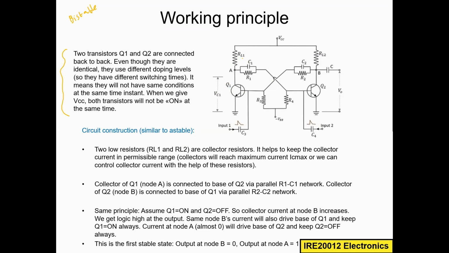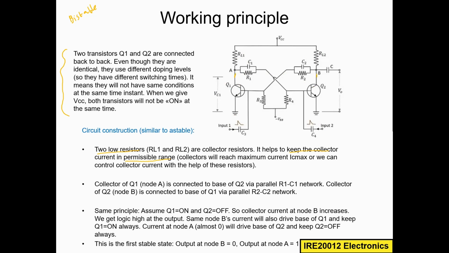Here we have RL1 and RL2, two low value resistors connected in the collectors of Q1 and Q2. They help to keep the collector current in the permissible range. So this is the collector, and we have two collectors.